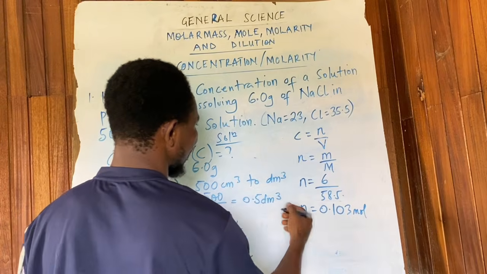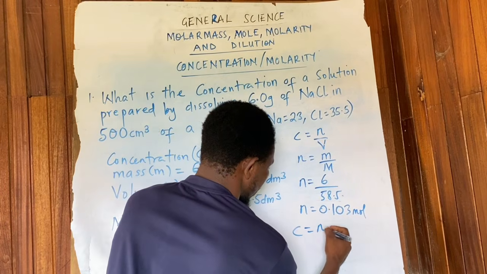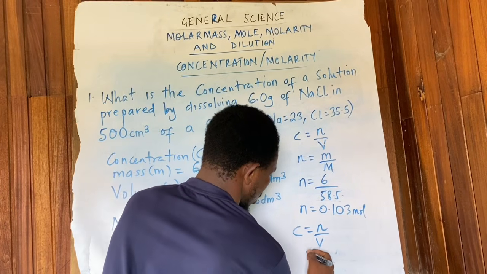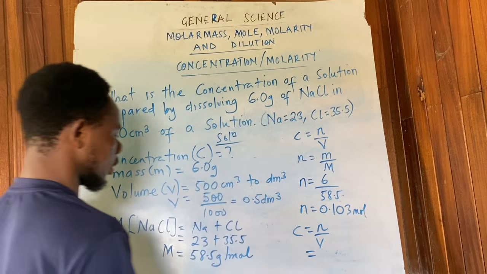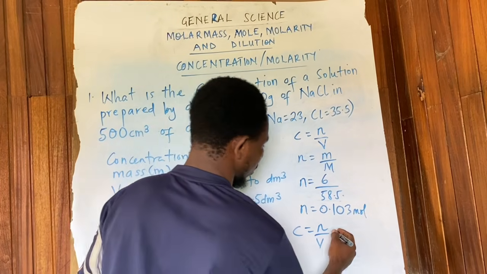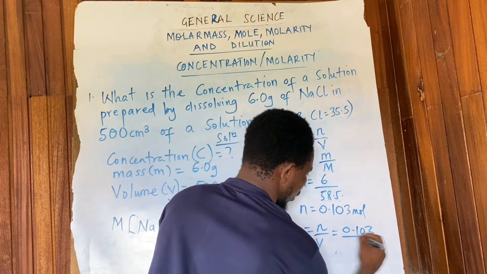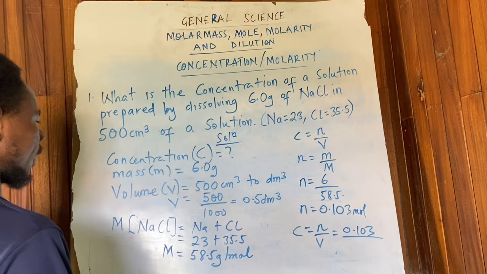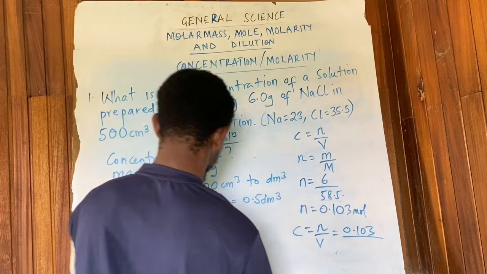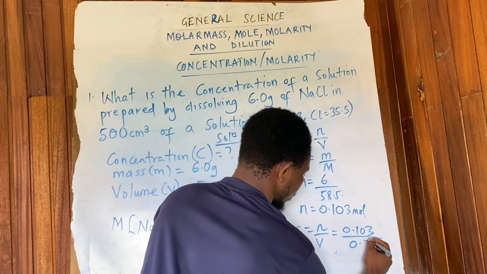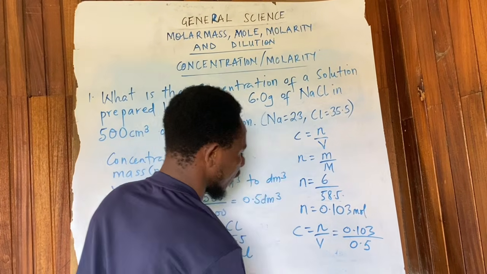So let's find our concentration. C is equal to n over V. Our n is 0.103 over our V. V is 0.5.